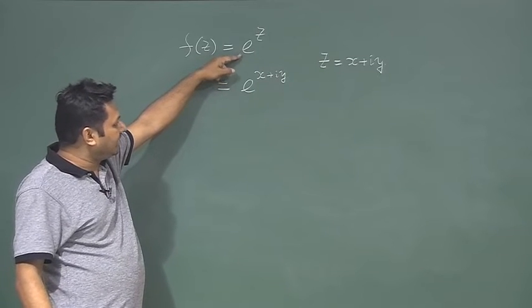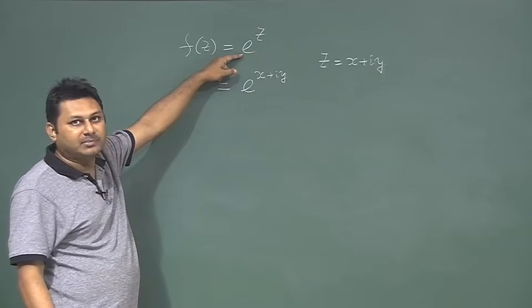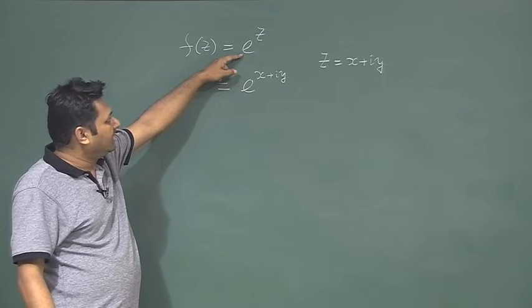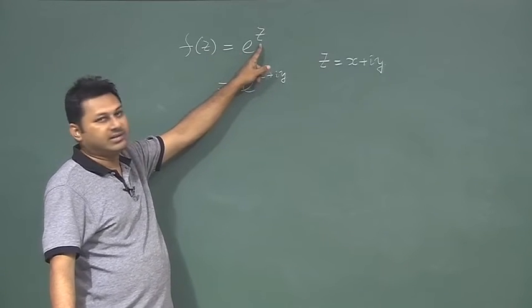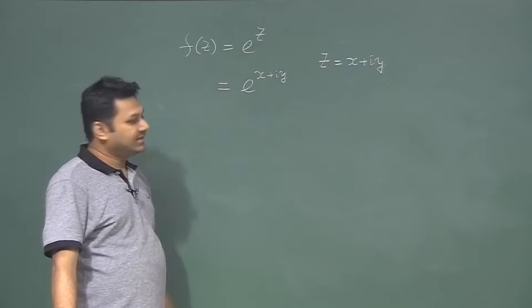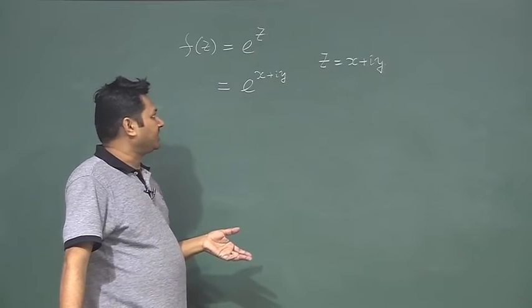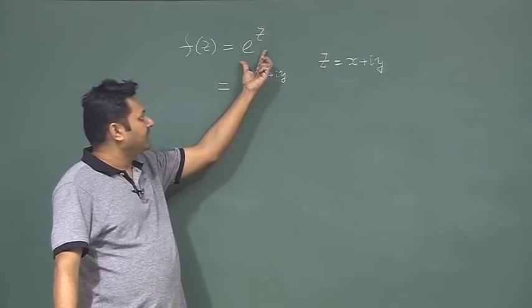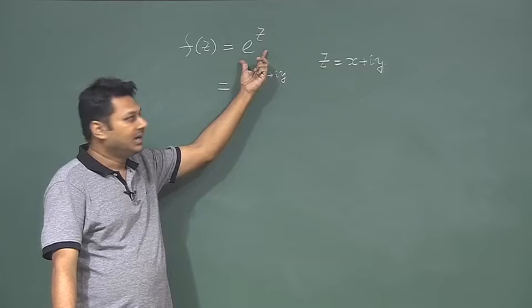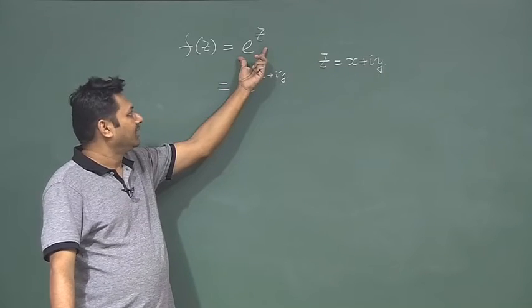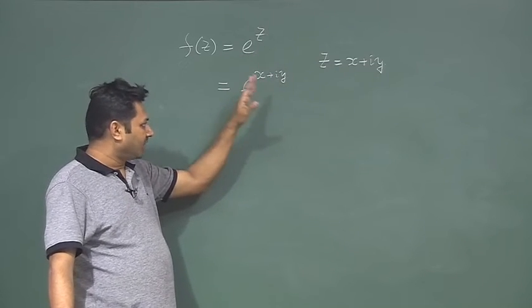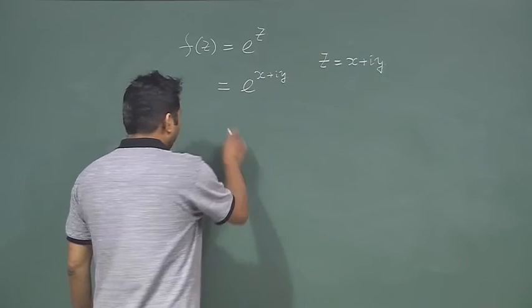If I expand e the normal way we expand in the real case, it will be a power series over z. So, there is no way that z star will come into the picture. So, it seems that this function should be an analytic function, but we need to prove that.